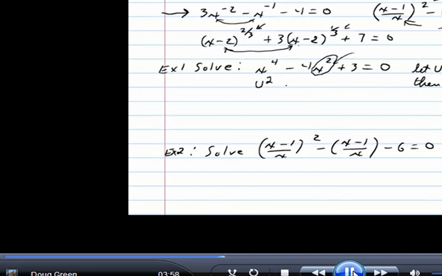Since u is x squared, we can call this minus 4u plus 3 equals 0. Now that factors very, very simply. That's u minus 3 times u minus 1 is 0, which gives you the two answers, u equals 3 and u equals 1.